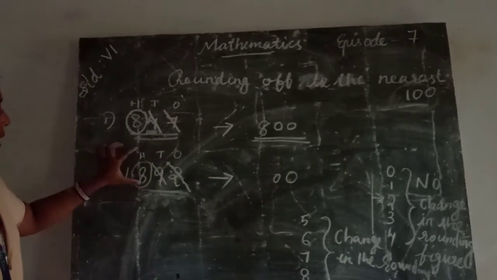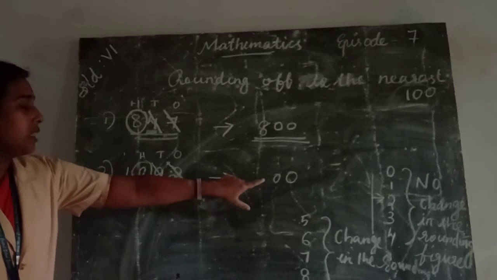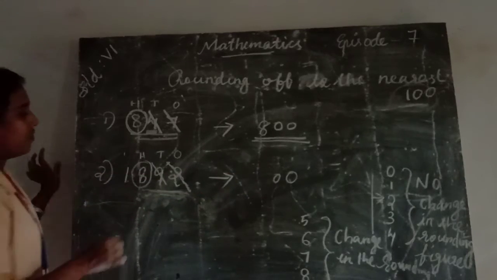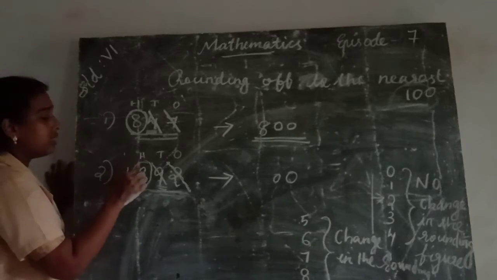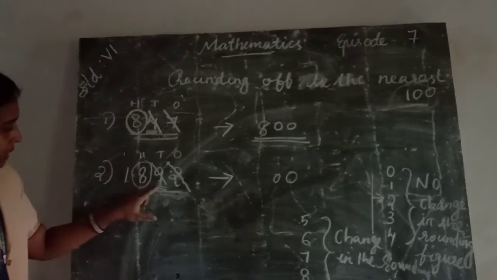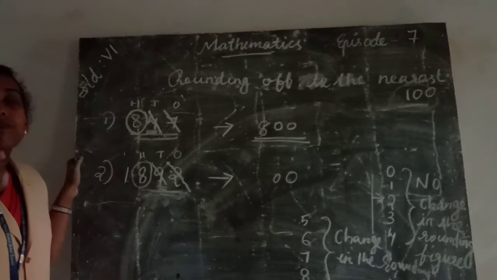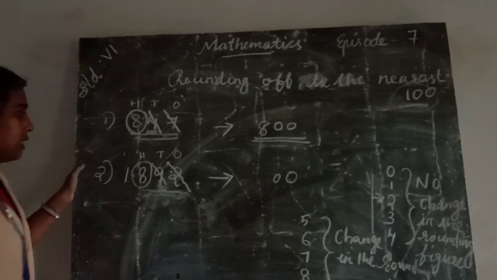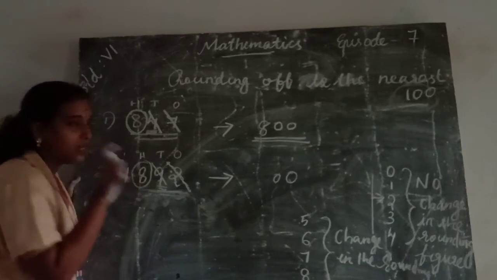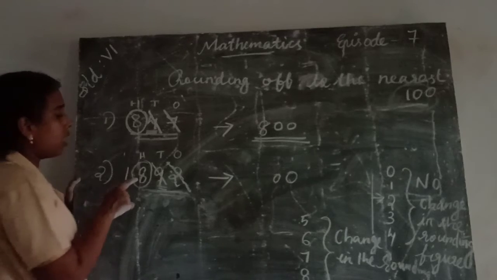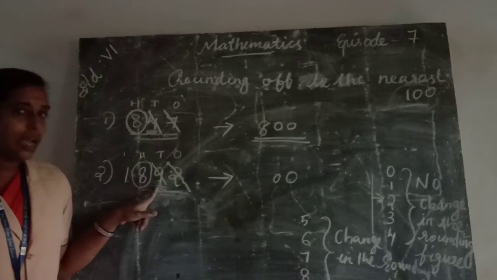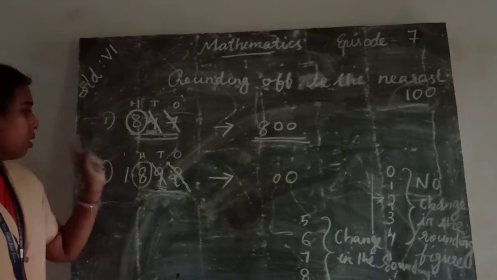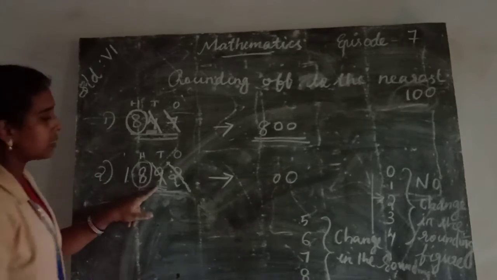And here we write the digit in the hundreds position. We just look at the digit that comes just before the rounded digit. Here the number that comes just before the rounded digit is 9.